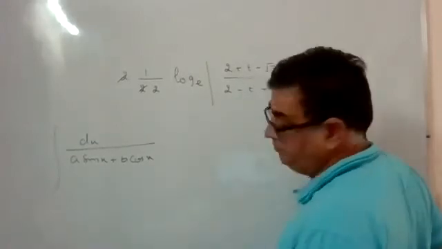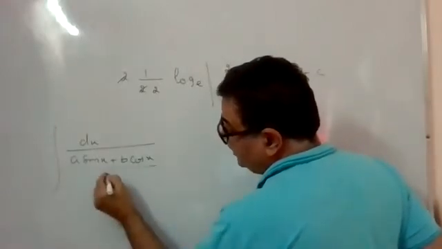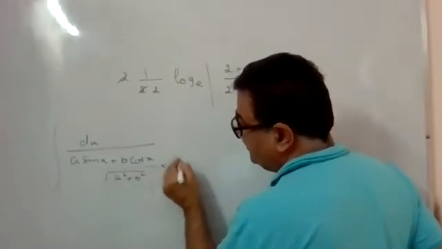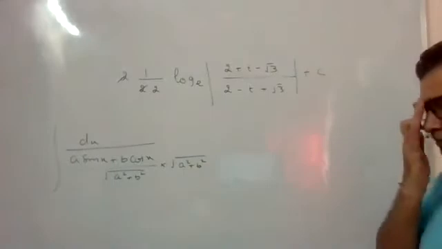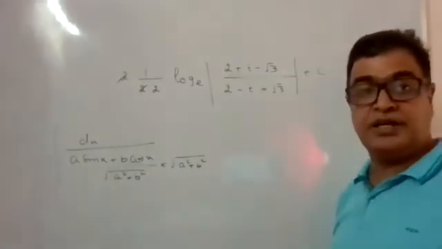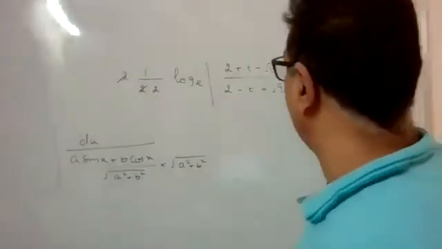Another way is to divide this by root of a square plus b square and multiply by root of a square plus b square. When you do this, it will come in a proper form. We will solve it. I'll take an example, then it will be more clear.